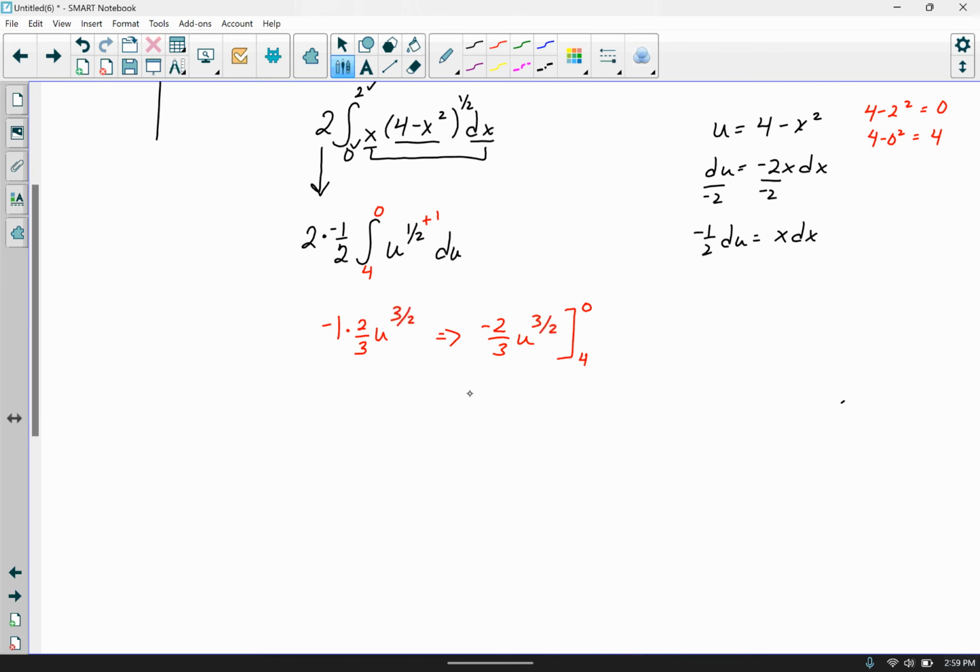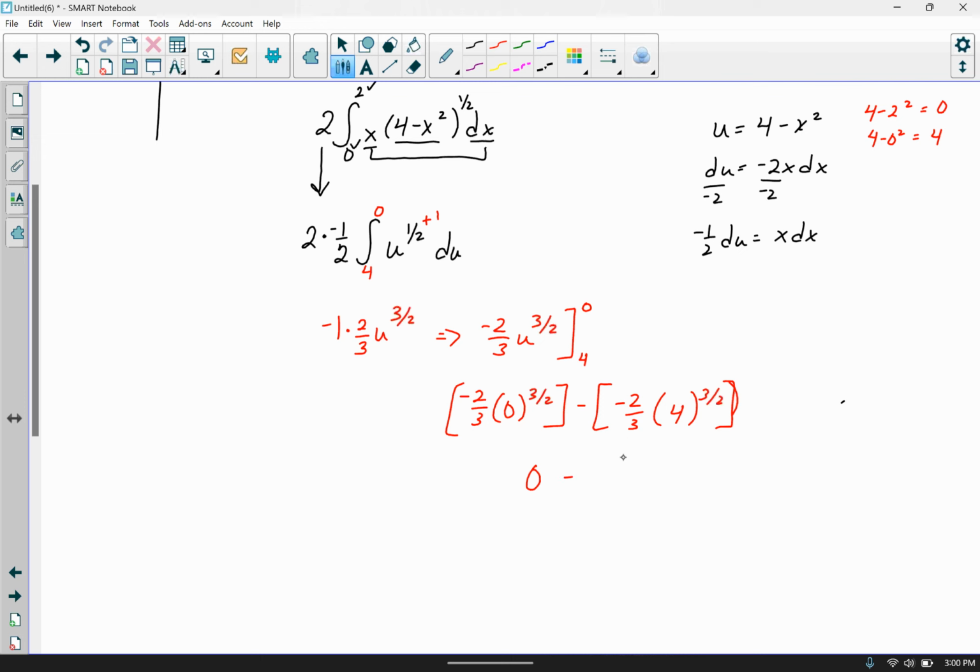Plug in my upper bound, negative 2/3 times 0 to the 3/2, minus, plug in your lower bound, 4 to the 3/2. We know 0 raised to anything is still 0, so that first one turns into 0, bringing down my minus sign.